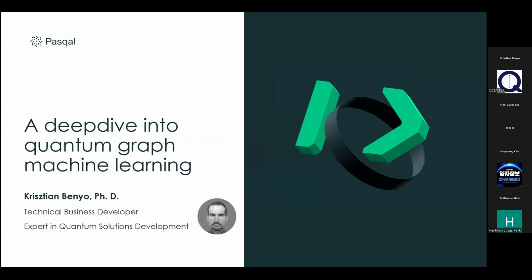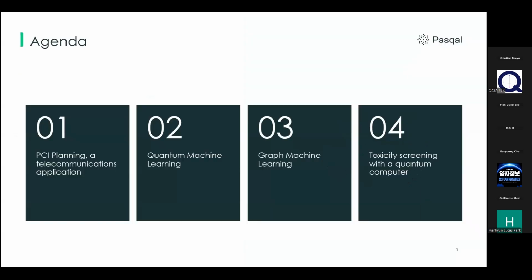For today's session, the main objective is going to be to take a deep dive, more of a focus on a specific type of machine learning techniques.